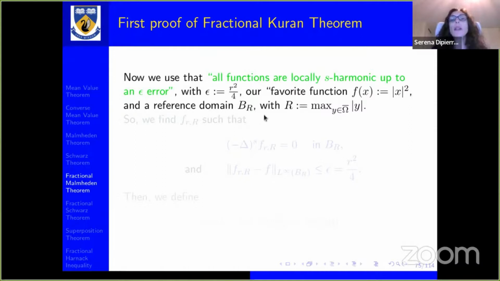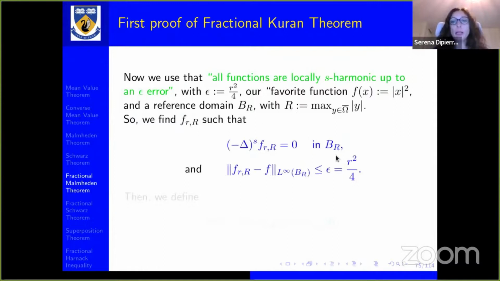I'll take a parabola, so a function f of x equal to x squared. And I'll take a reference domain B capital R, where capital R is the maximum of the norm of y living in the closure of omega. So B capital R contains omega now. Now I look at B capital R, and I have a function f, which is nice.